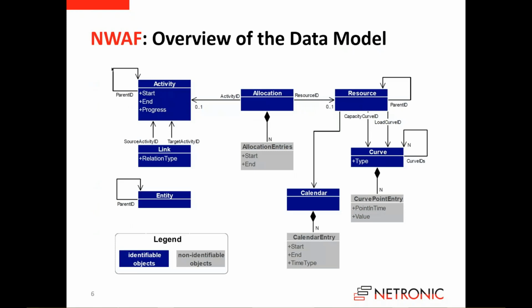So here we have an overview of the new data model for resource planning. And you can see the main objects here are the resource and the activity. Both can be nested, and they are linked by the allocation. And allocations typically are shown as bars in the Gantt chart in a resource view.